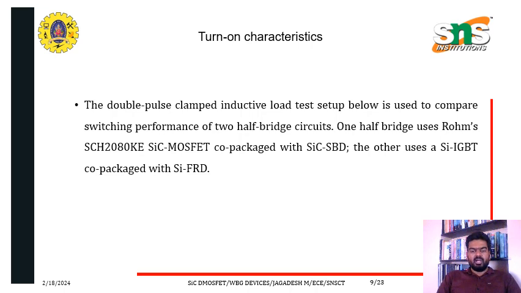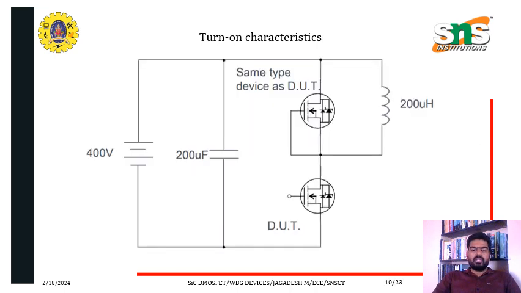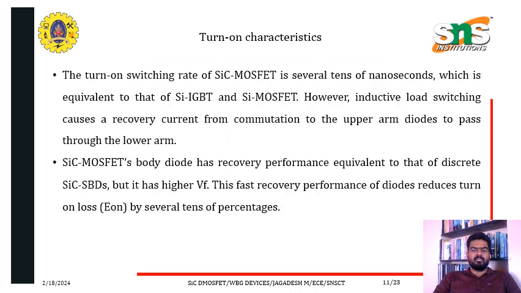The other uses a Si IGBT co-packaged with a Si FRD. The turn on characteristics circuit diagram is given here. We have a 400 volt supply and 200 microfarad capacitance, and the DUT with a double test pulse, and everything is connected. It is for the turn on characteristics.